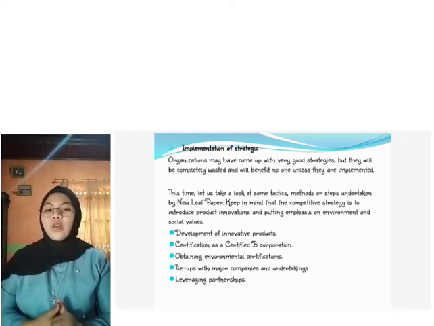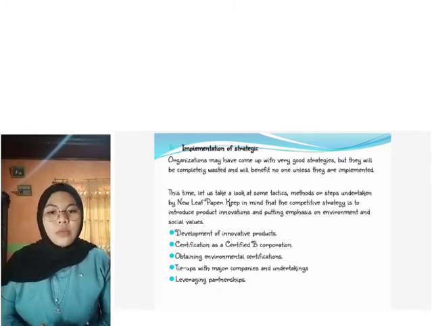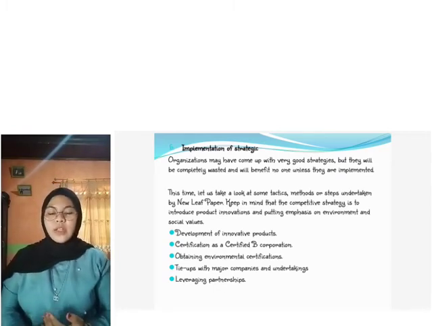Development of innovative products. 2. Certification as a certified corporation. 3. Obtaining environmental certification. 4. Tie-ups with major companies and undertakings. 5. Leveraging partnerships.